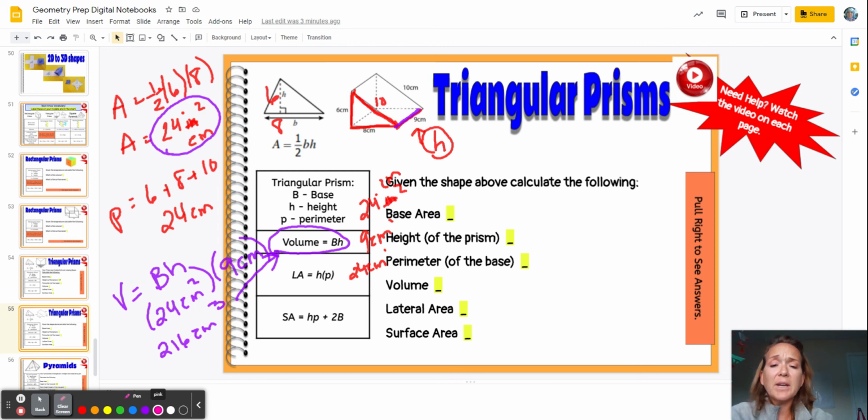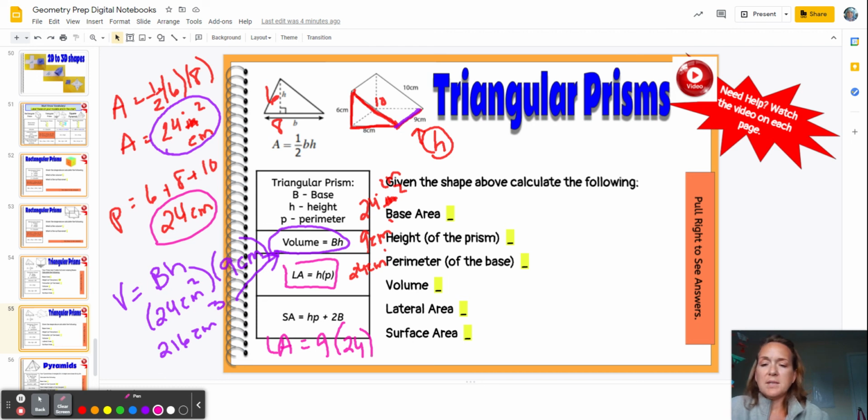And we look at lateral area. The lateral area is the height times the perimeter. So for lateral area, the height is 9, and the perimeter we found was 24. So 9 times 24. Also 216.